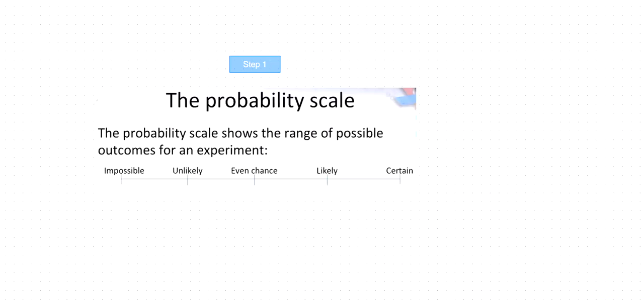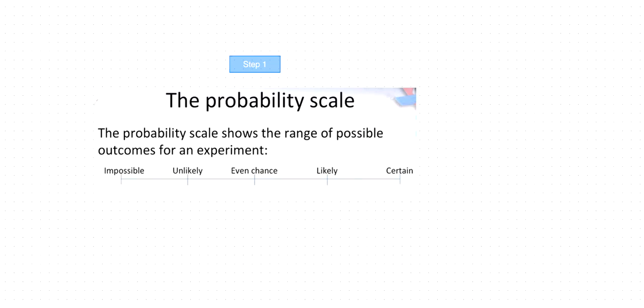In this presentation, we will be exploring probability scales and how they are used to make predictions and informed decision making. So get ready to dive into the world of probability scales and learn how they can help you make more informed decisions. On the screen, we have a probability scale.